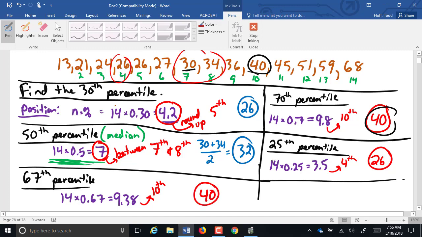So it's the 67th percentile, it's also the 70th percentile. Well, guess what? It's like the 64th percentile to the 71st or 72nd percentile.